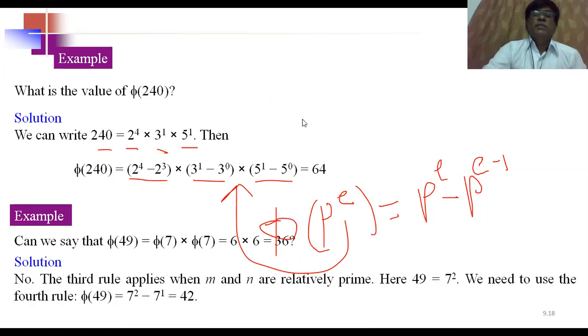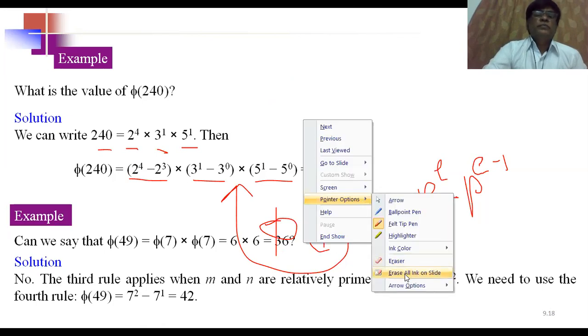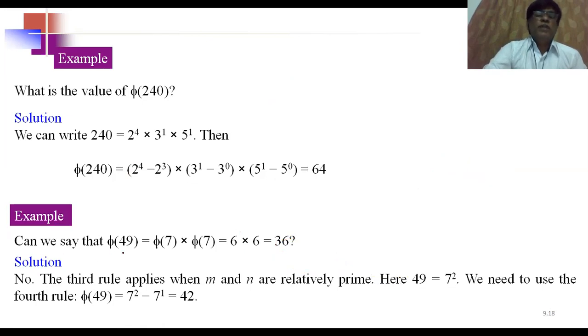And another example is phi of 49. Phi of 49 means phi of 7 into 7, phi of 7 into phi of 7. It is not like that. We have 7 is prime and here also 7 is prime, so phi of 49 can be written as 6 into 6, which is 36.